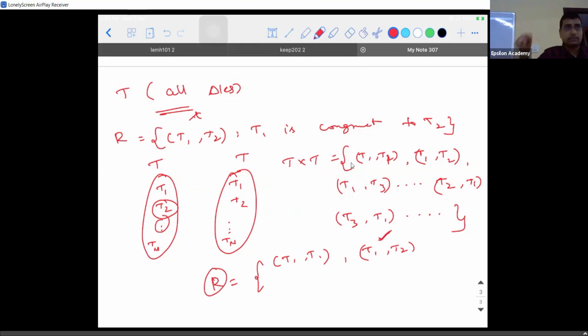If T1 comma T2 belongs to that, then what is the other ordered pair I can write there? Can I write T2 comma T1 without a doubt? Why? Because if T1 is congruent to triangle T2, the vice versa is also true. T2 is also congruent to T1. Are you guys able to understand how you're choosing?